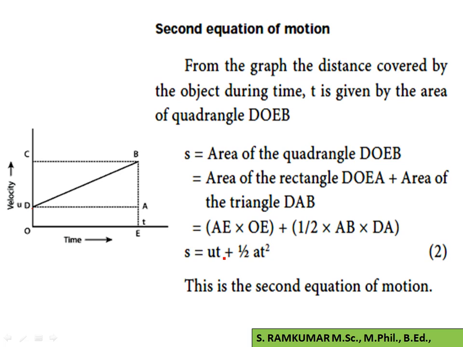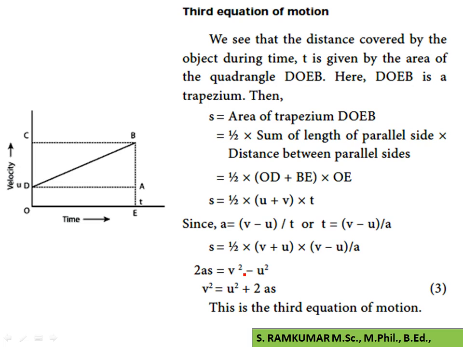So, s equals area of the quadrangle DOEB, which is equal to area of the rectangle DOEA plus area of the triangle DAB, which is equal to AE into OE plus half into AB into DA. So, s equals ut plus half at square. This is the second equation of motion.